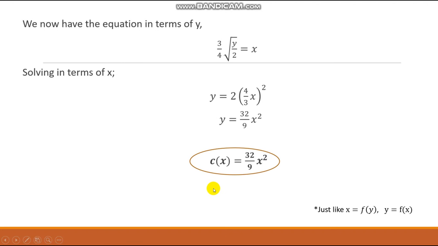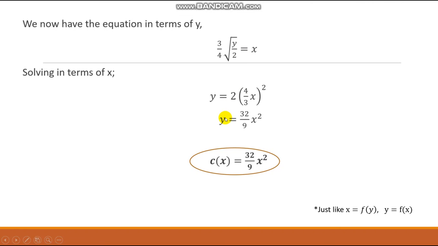Now that we have the equation in terms of y, we want to rewrite it in terms of x, because that's just how we usually write equations, and that's also how the equations given in the problem are written. So in terms of x, we move the 3/4 to the other side, it becomes 4/3 x, and then we square both sides, so it'll be 4/3 x squared times 2 is equal to y.